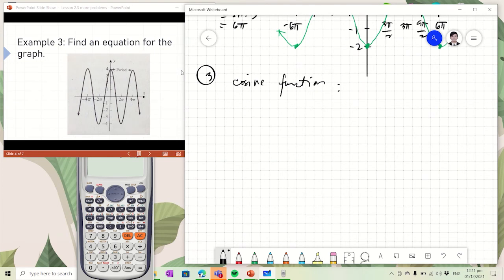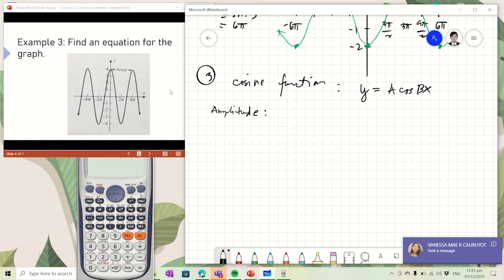So, yung expected na equation natin or function would be y is equal to a times the cosine of bx. Sa nakikita ninyo, yung amplitude natin, okay, it's actually the half of the maximum spread.